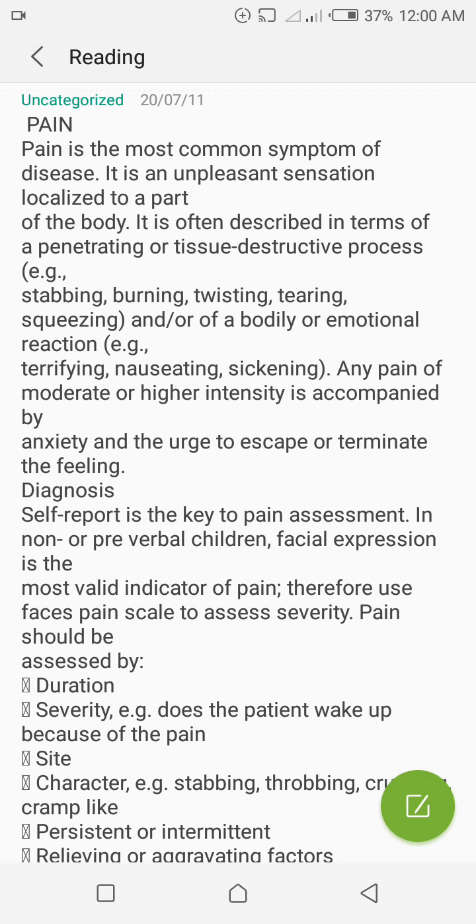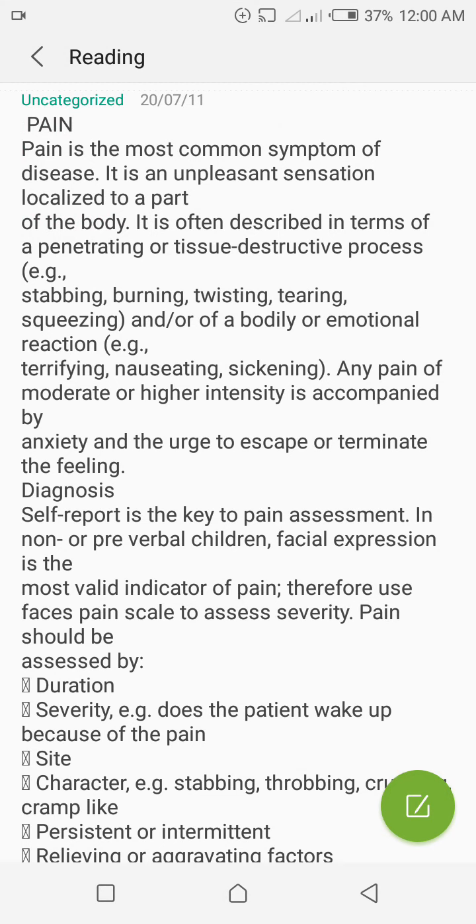It is often described in terms of penetrating or tissue-destructive processes, e.g. stabbing, burning, twisting, tearing, squeezing, or of bodily or emotional reactions, e.g. terrifying, nauseating, sickening.